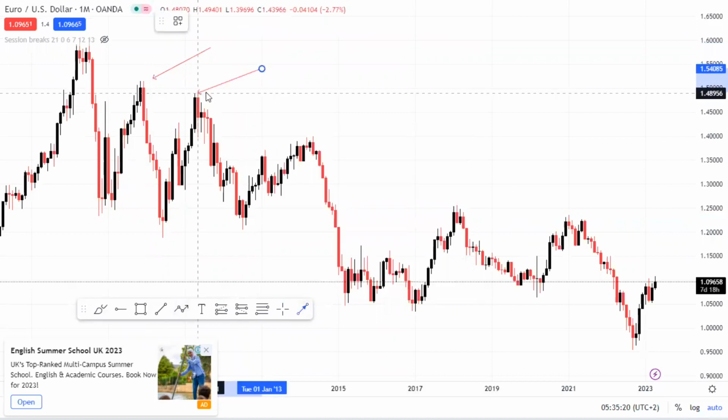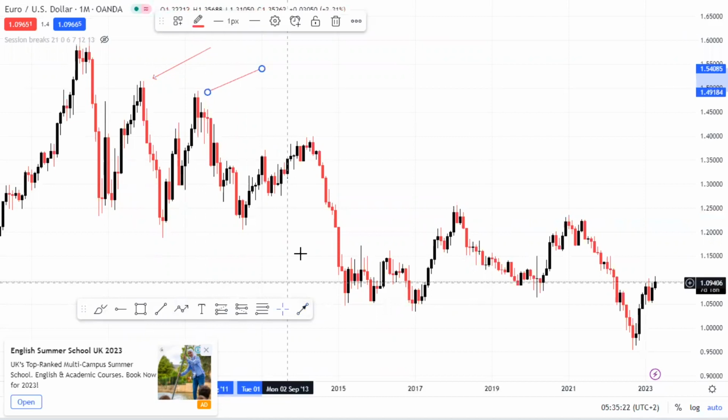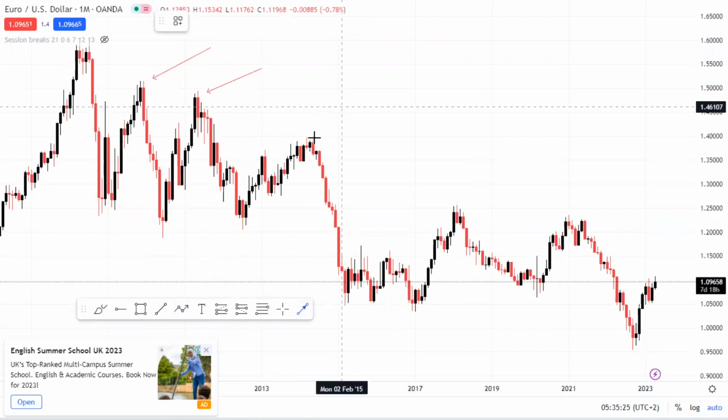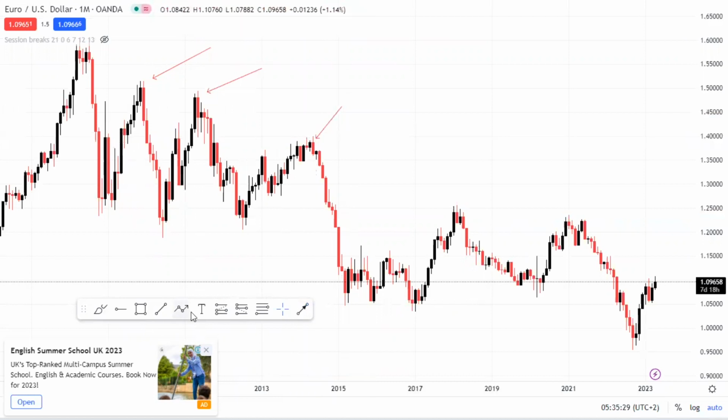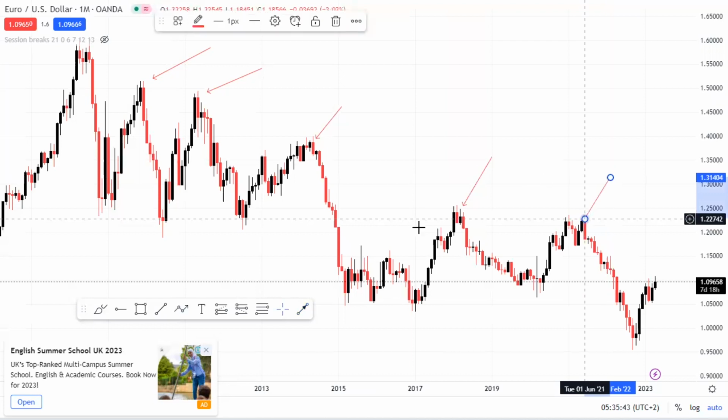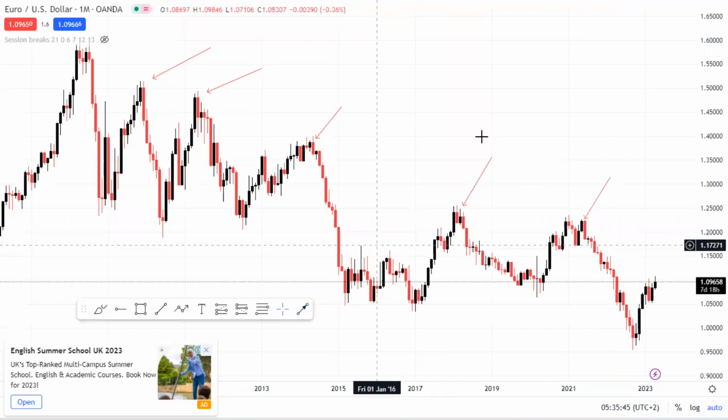It's a lower high, lower high, lower high, lower high. Now I want us to differentiate some of these lower highs.